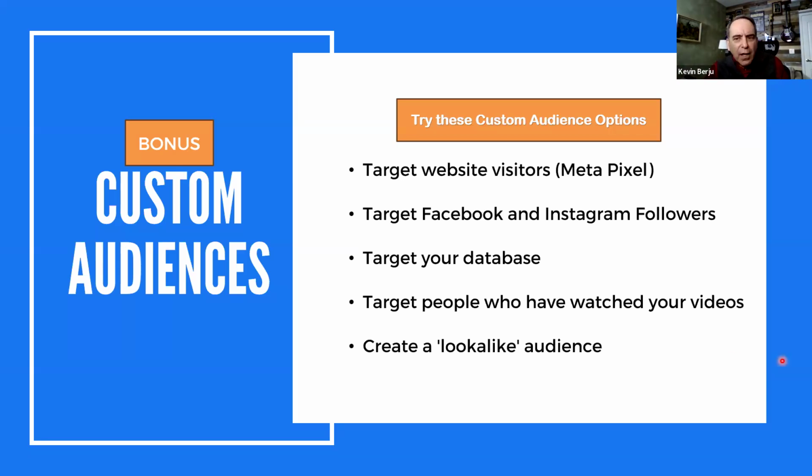So you can target website visitors through your Meta Pixel. We're going to go deeper into this in a few slides, and it gets a little complicated. But if you install the Meta Pixel, formerly known as a Facebook Pixel, on your website, and it's been collecting data for a while, you can use this data in your Facebook Ads Manager.